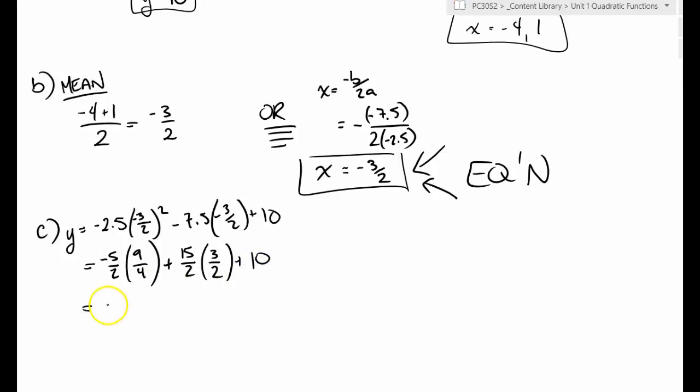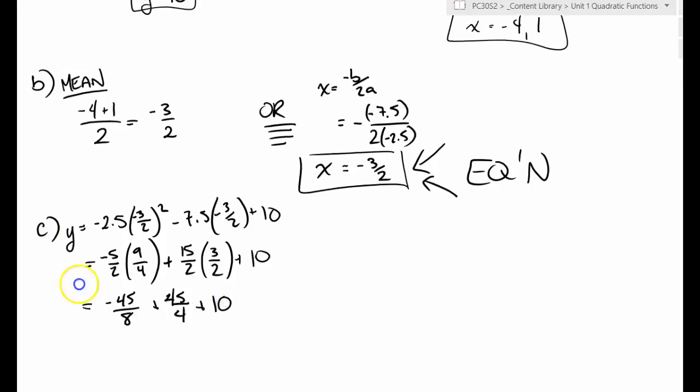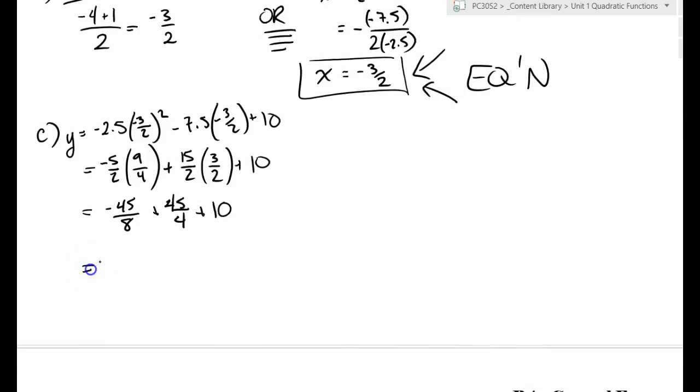That leaves me with -45 over 8 plus 45 over 4 plus 10. When we're dealing with fractions, we want a common denominator, so I'm going to have -45 plus 90 plus 10 all over 8. Sorry, not plus 10, plus 80.